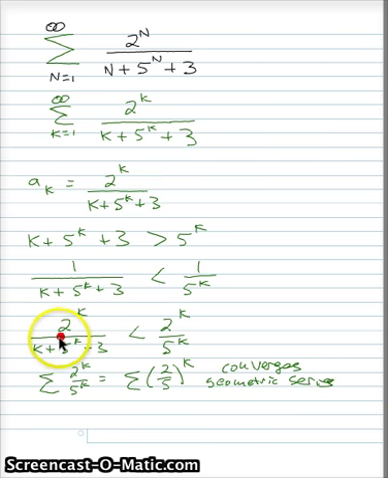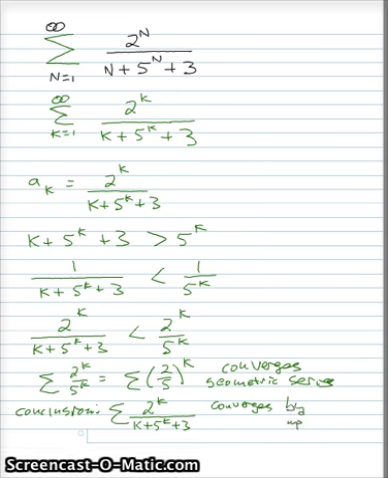You'll notice this thing is less than this thing, and that series converges. Therefore, my conclusion is that the original series, 2 to the k over k plus 5 to the k plus 3, will also have to converge by what test? By the direct comparison test. So that's our idea there. Smaller than convergent, with positive terms, means the series I'm starting with must converge by the direct comparison test.